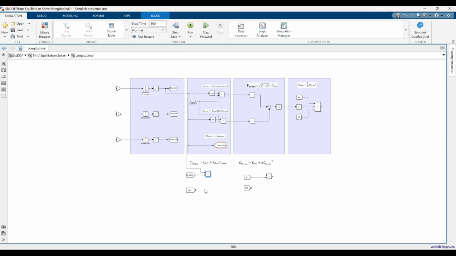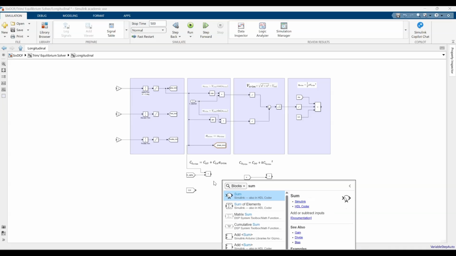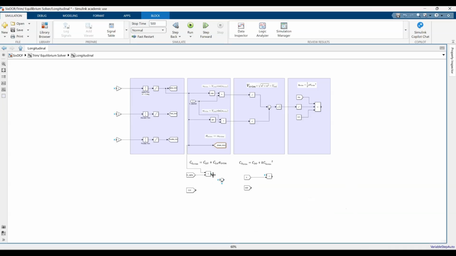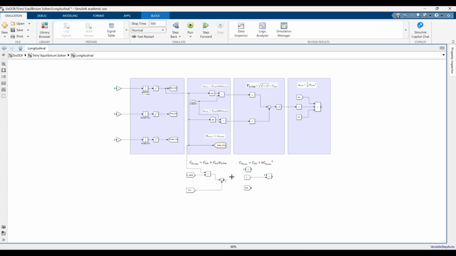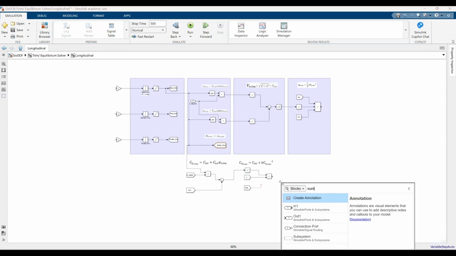Okay, now we need a summer. So here is a sum block. And 1, 2. And if you notice, the same thing feeds into it. So I can use a square block and then feed this to my CD area. And let's see, we need a summer for that. So let's use another sum.